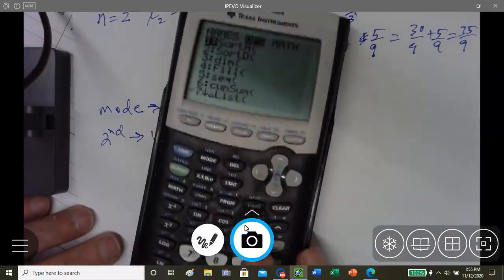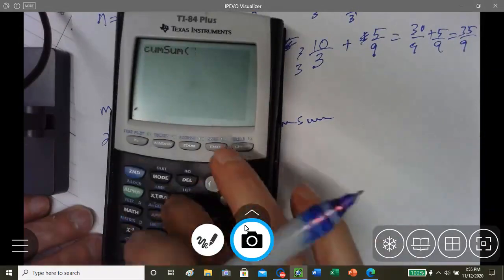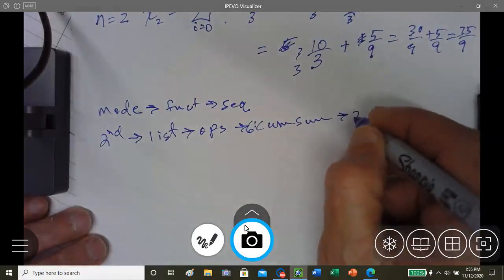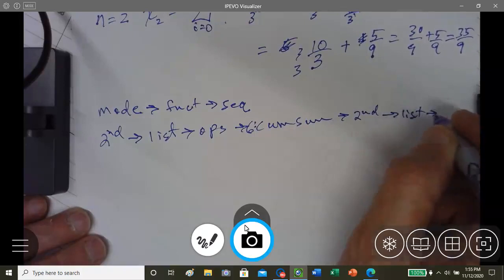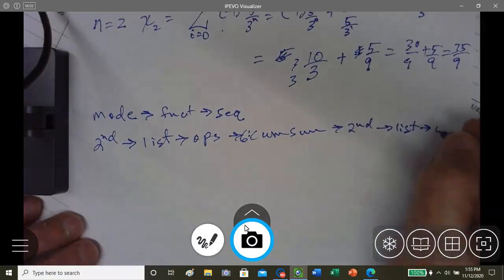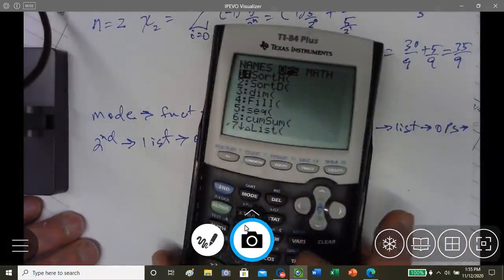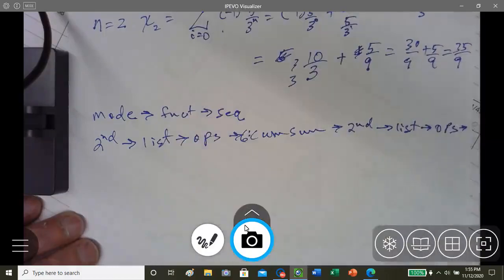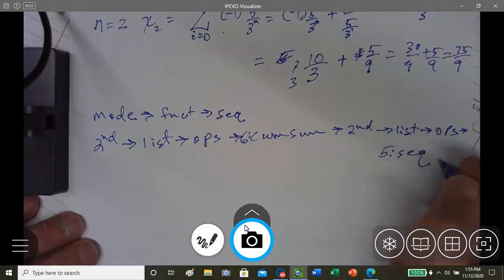Okay, so we hit 6. Then we go back to second and list again and ops, and then we go to 5 for sequence. And then we put in our equation and everything else.